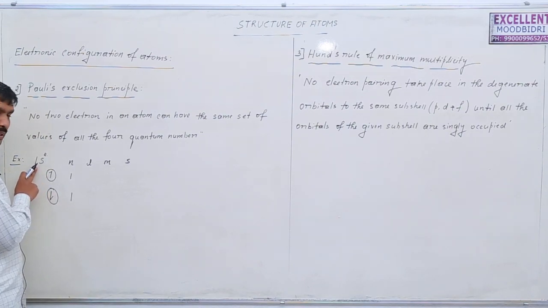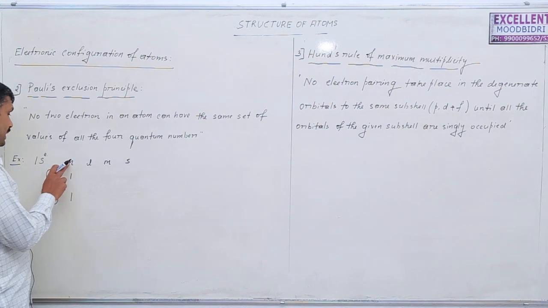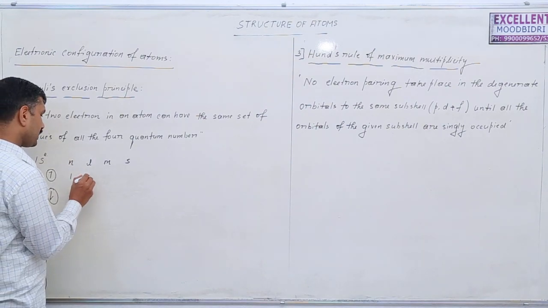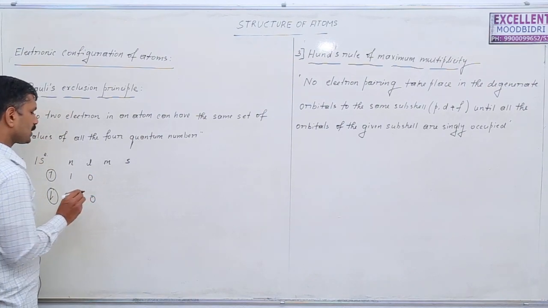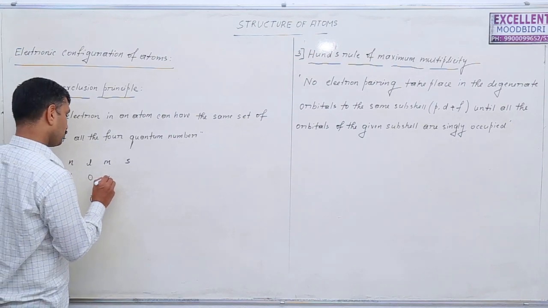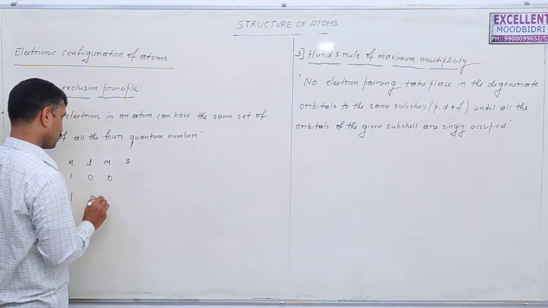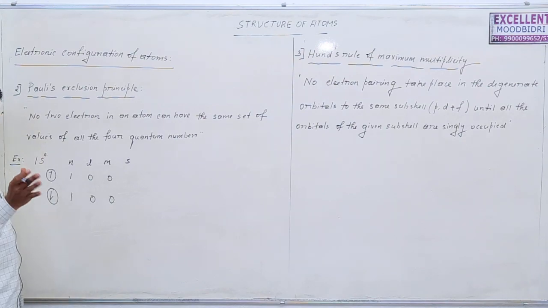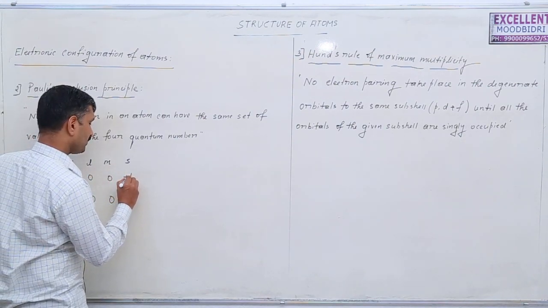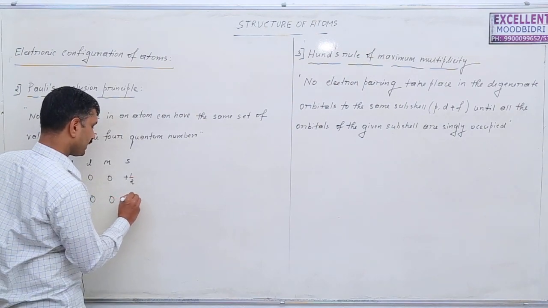Both values are the same. Principal quantum number 1. n equal to 1 means l equal to 0, because for the s orbital l equals 0. For the second electron also, l equals 0. The m value is 0, because l equal to 0 means m is also 0. Here also 0. But the spin quantum number for one electron is plus half, and for the second electron minus half.